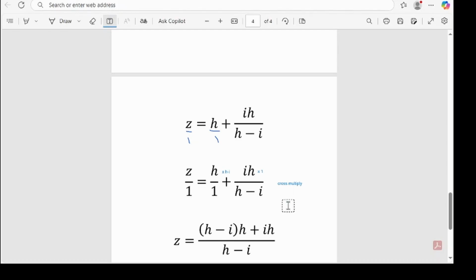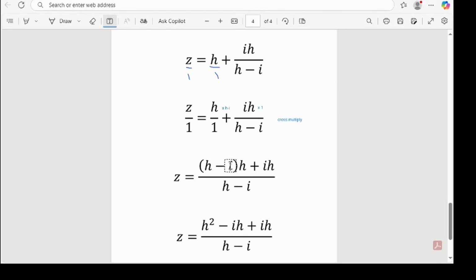So in cross multiplying, the denominator on your far right will multiply the numerator on your far left. The denominator on your far left would multiply the numerator on your far right, and both the denominators would multiply each other, okay, to form the LCM, or the denominator of the fraction.